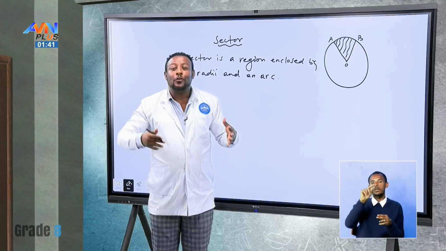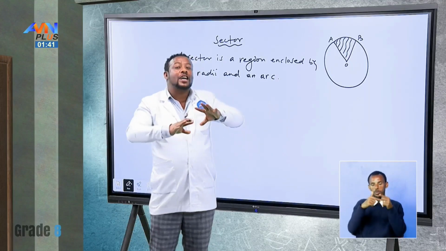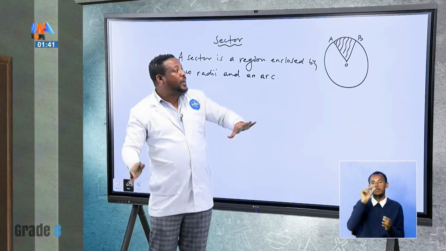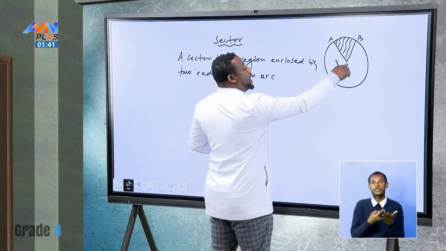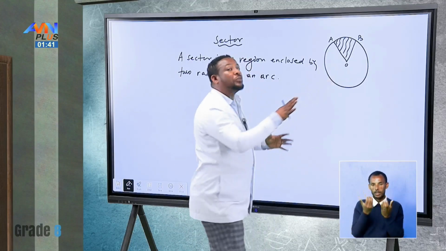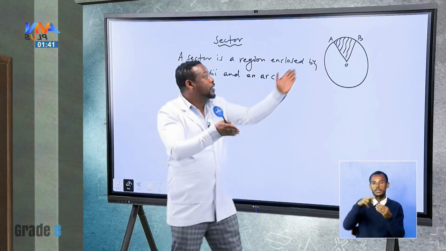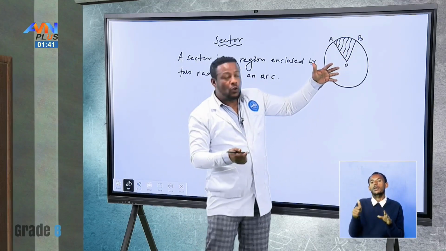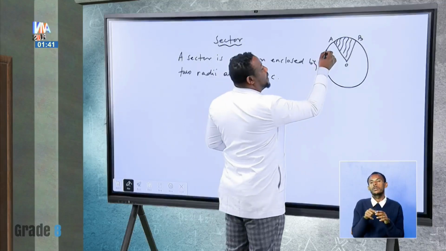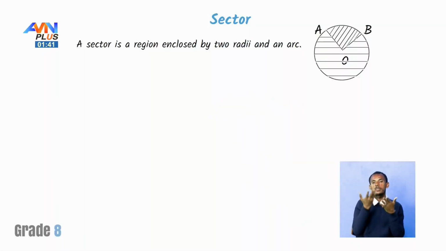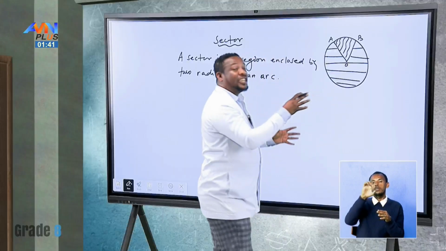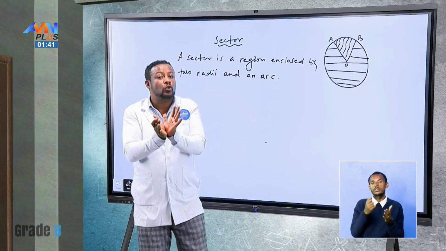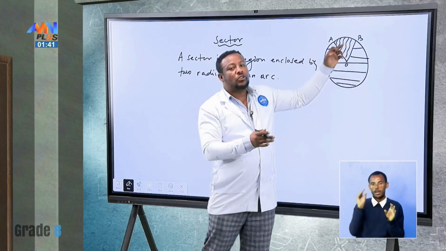Now we are going to classify a sector as major and minor, because this external part is also a region enclosed by two radii and a major arc, right? If you paint this part, this region is also a sector, because this region is enclosed by two radii and a major arc.